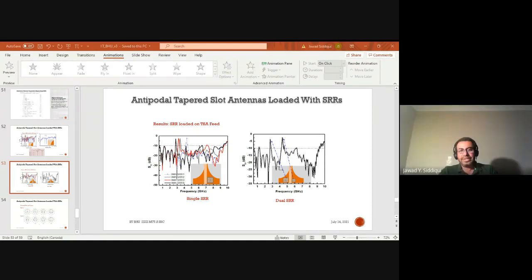Doesn't matter, just place it on the aperture. Okay. Place it on the aperture, because you know how the magnetic fields are lying on the aperture, right? So you have to just place it. You have to make sure that the plane of the SRR is oriented in such a way that the magnetic field passes through the axis of the SRR.